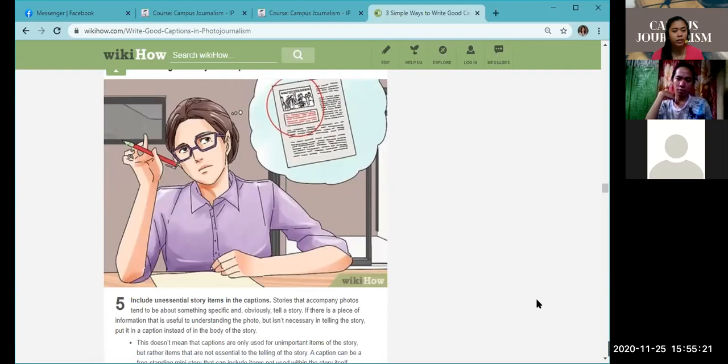Did I include that one in the lecture notes? I believe I included that one. So in the example, if the people or the event where the photo is taken is not necessarily specified in the article, that's where you are going to put that in your caption.